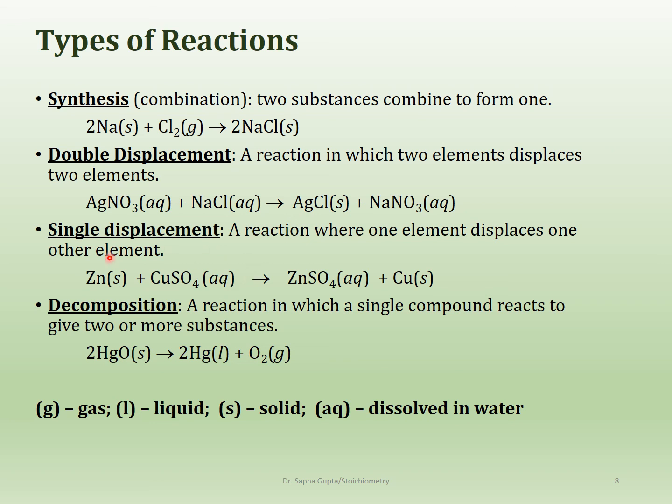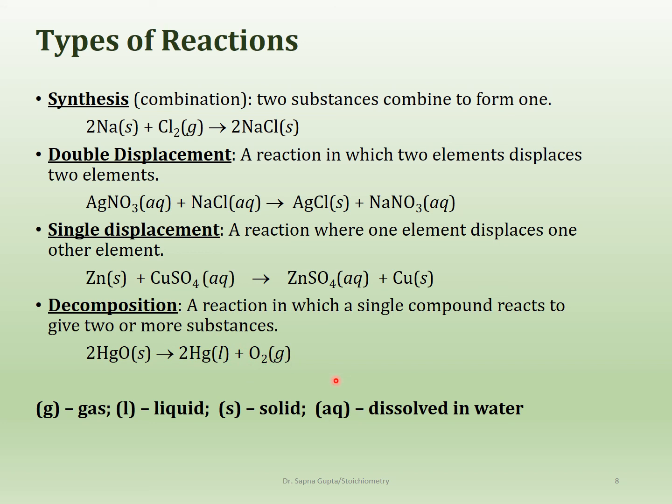A single displacement is something like this, where you have zinc displacing copper to give zinc sulfate, and then the poor copper is all by itself. So this is a single displacement. A decomposition is when you have 1 starting material which decomposes to give you 2 or more products. Again, it depends. If you have 2 starting materials, you may end up having 3, and so on. So these are the 4 different kinds of reactions.